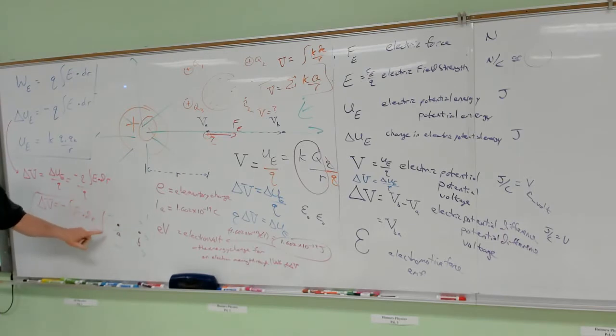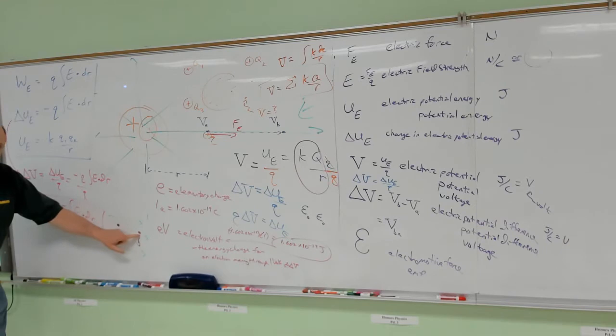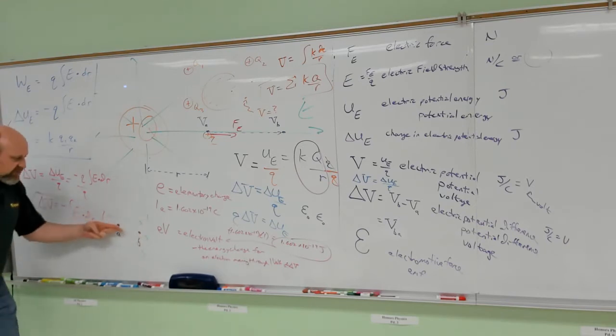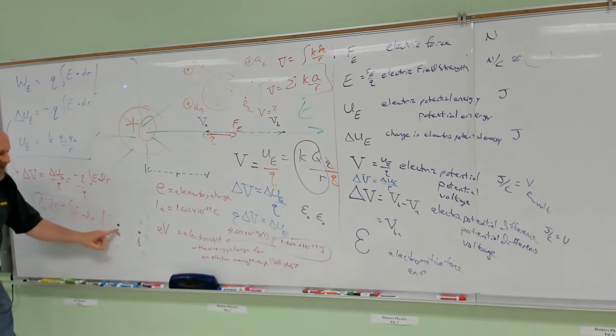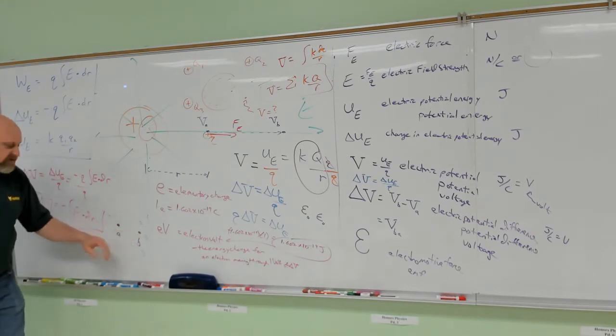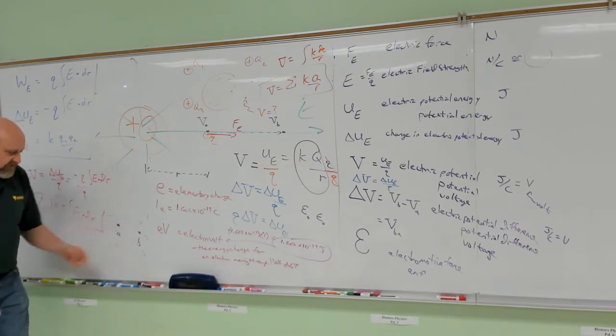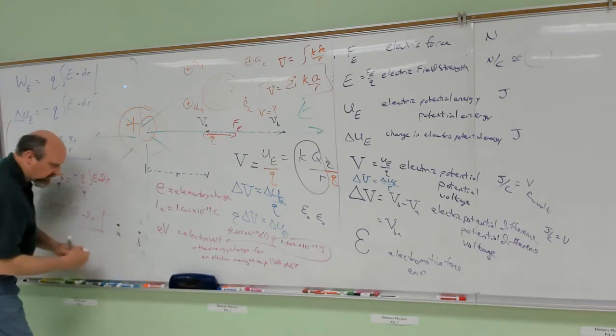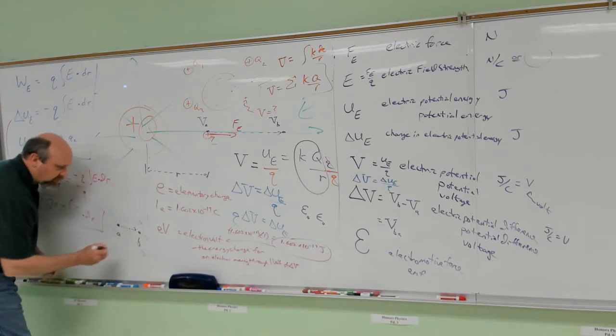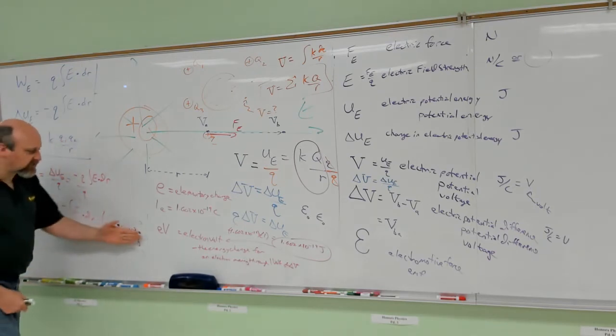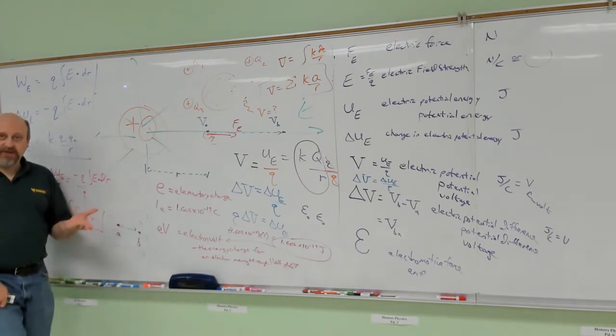Imagine that I was moving a positive charge to the right. It's going with the field line, going with the electric force. Would it be gaining or losing potential energy, this field and charge system? A positive charge going with the force would lose potential energy.